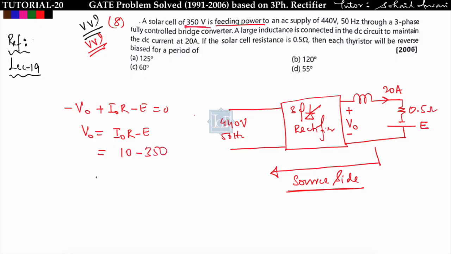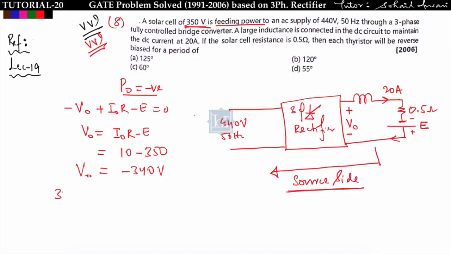So I will get V naught equal to minus 340 volt. So for transferring power from load to source, the output power must be negative, and for that I am getting V naught as a negative value. This negative value I get only when the polarity of EMF is from minus to plus; then only will this load deliver power to the source.